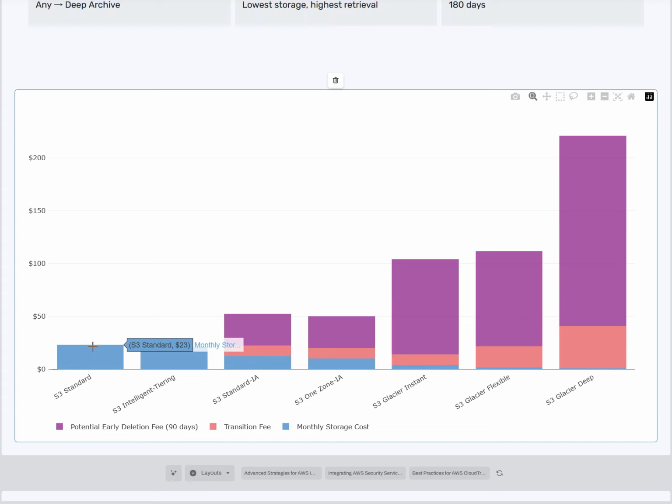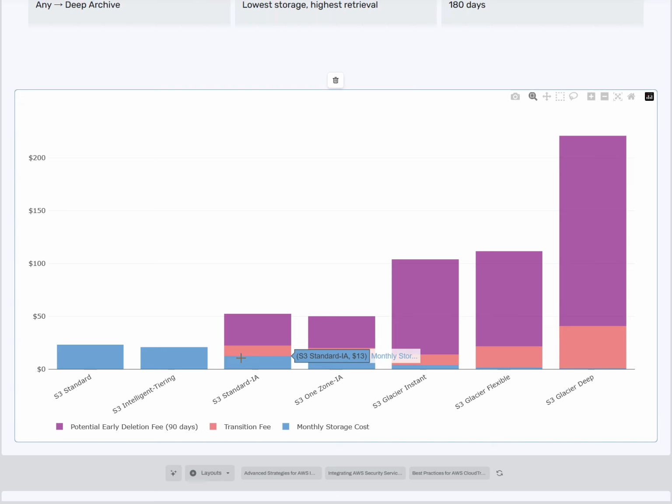Let's say Standard 23 monthly storage, right? There's nothing in here. So this one is 23, and let's have a look at this one. Intelligent-Tiering monthly storage is only $21, right?